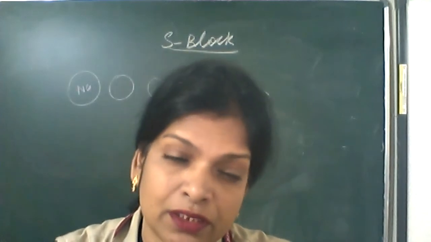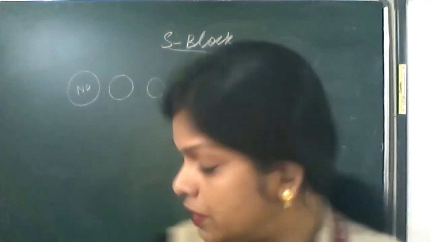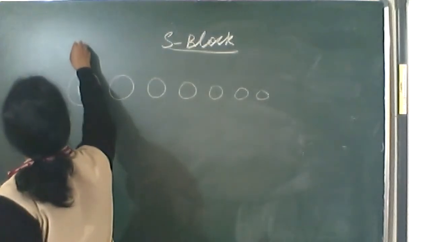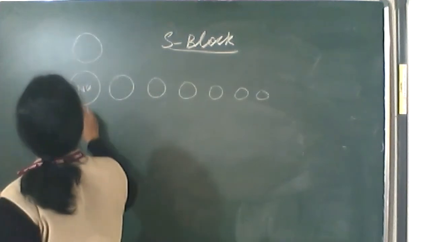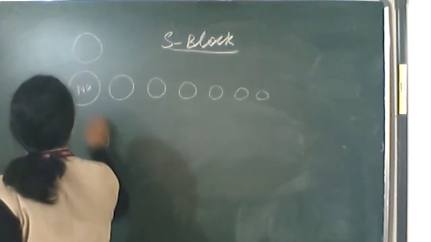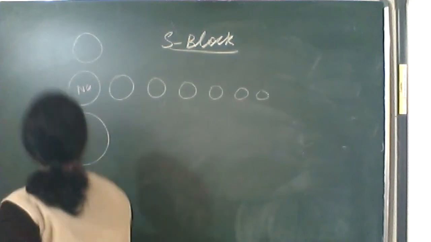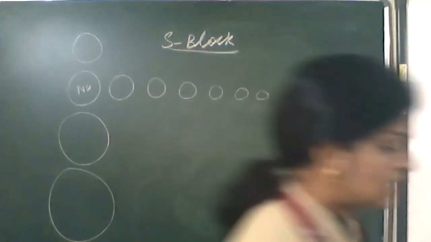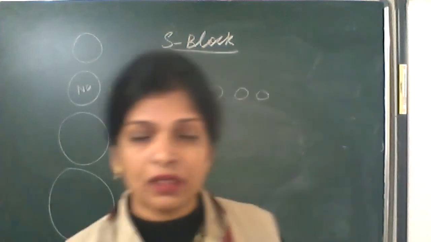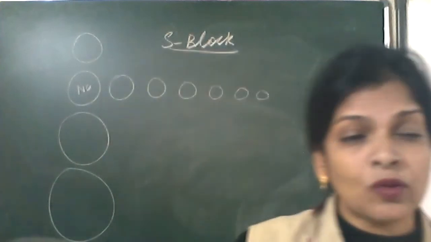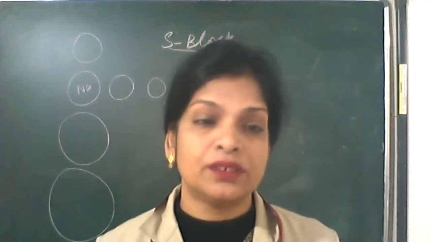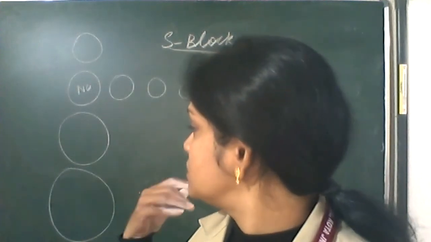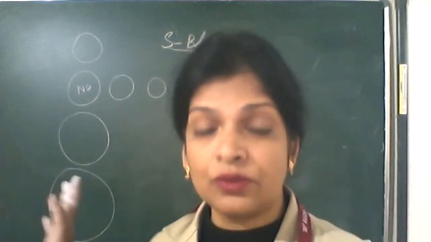For lithium, sodium, potassium, rubidium and cesium, the sizes are bigger, so the last electron is not under the control of the nucleus and can go out. In cesium, the size is so big that the last electron is already free to go out.